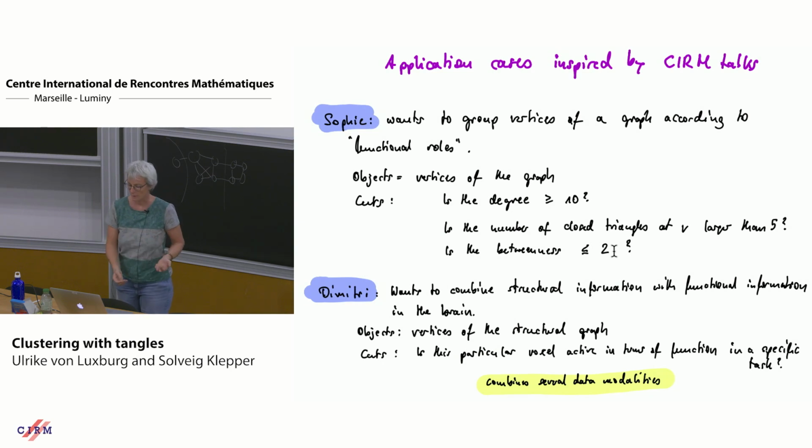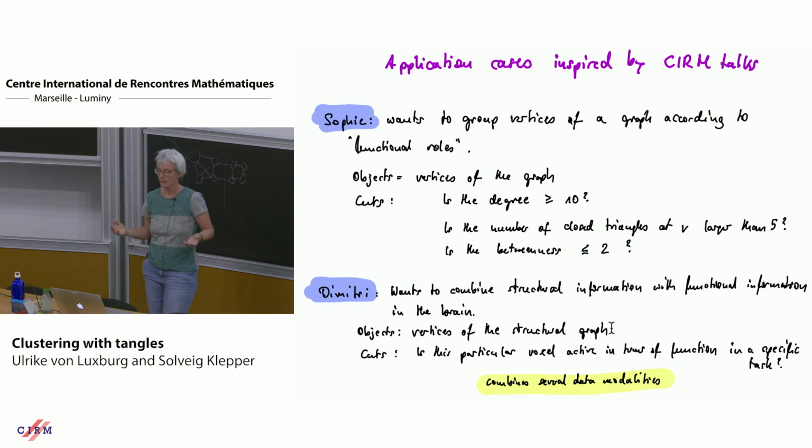And how would you do it with tangles? The objects, again, are the vertices in your structural graph, so the brain regions or the voxels or whatever you take. And the cuts are now related to this functional data. That's also a strength: you might have different data modalities, and you might answer questions according to all of them.